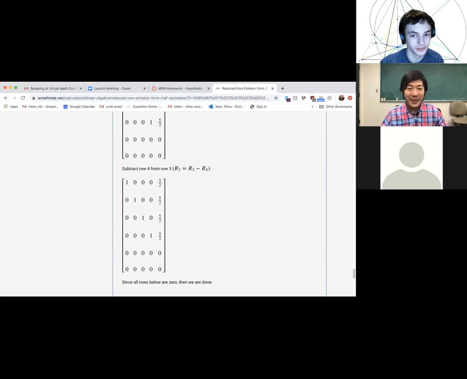Okay, so once you row reduce, you get this matrix here, which if you rewrite in equation form, is saying A equals 5 over 2, B equals 5 over 2, C equals 5 over 2, and D equals 5 over 2.